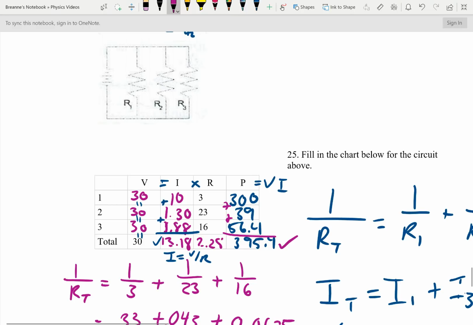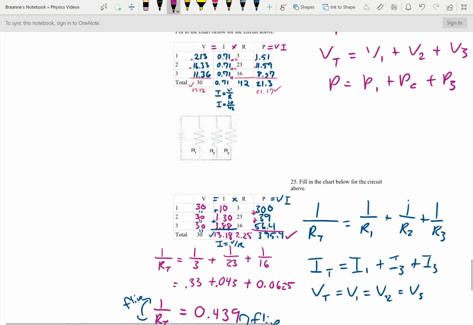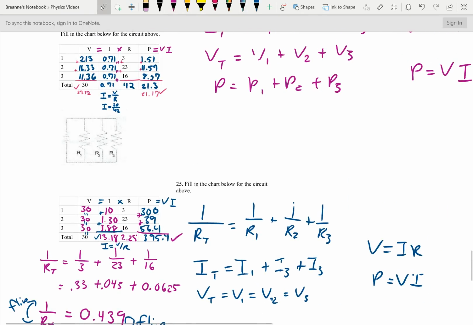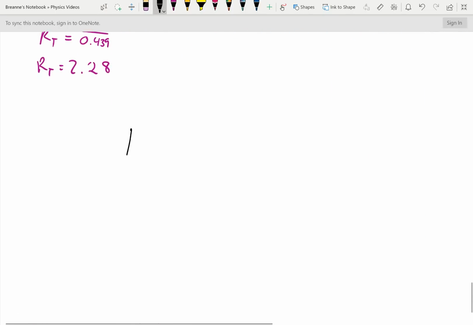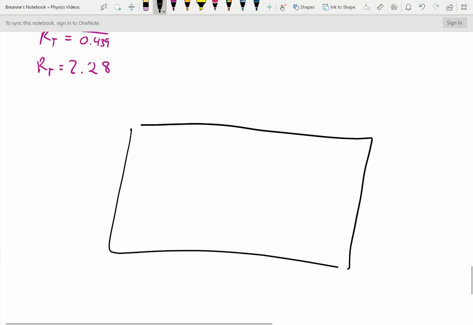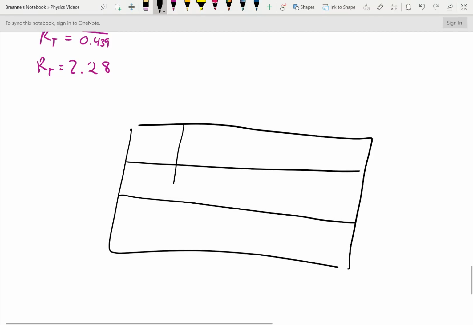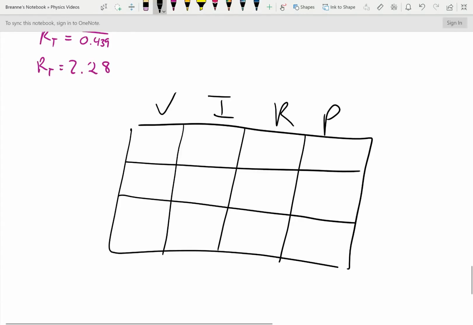So there we go. Now, I will let y'all in on a little secret. If you don't like the 1 over, you really don't have to do it. So I'm going to go down here and remake the circuit. I'm not going to work through it completely because we kind of already did, but I'll show you a little trick. So this is V, I, R, P. Oh, I need one more down, don't I?